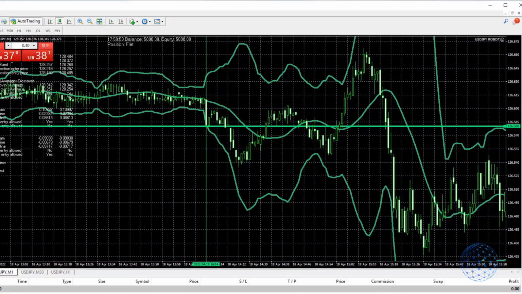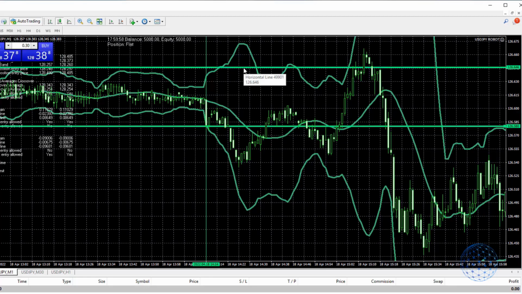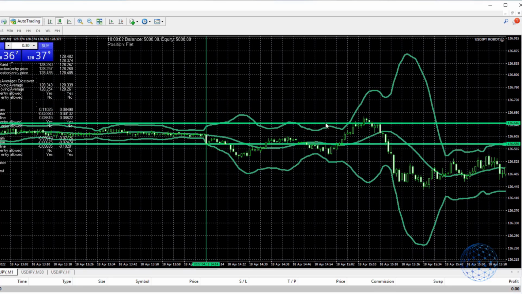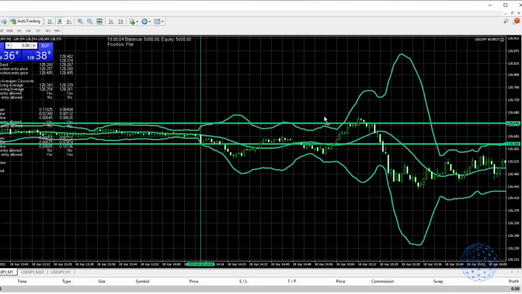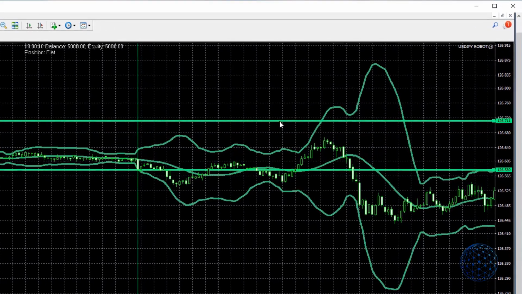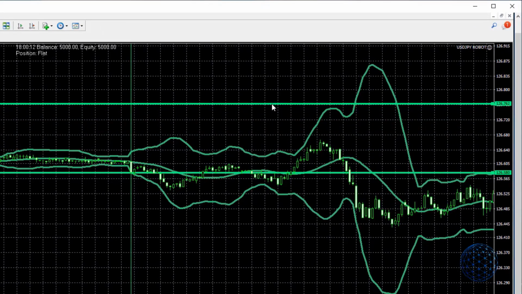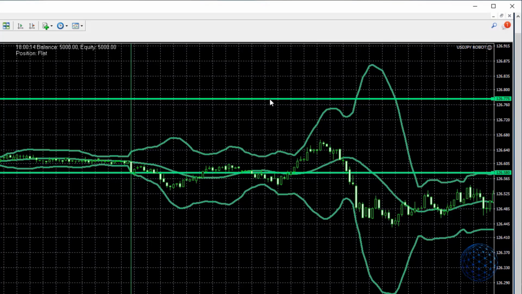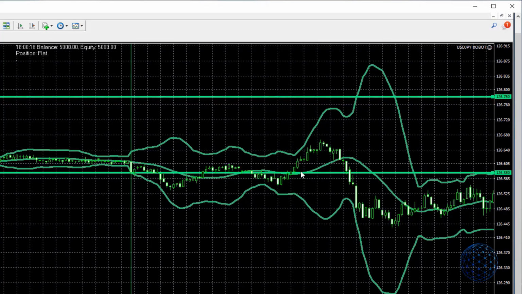After I buy at the price of 126.58, I will place immediately a take profit 20 pips higher, which makes it a level of 126.78, right? 20 pips higher goes to 126.78. I will try to put it precisely, and here we go.